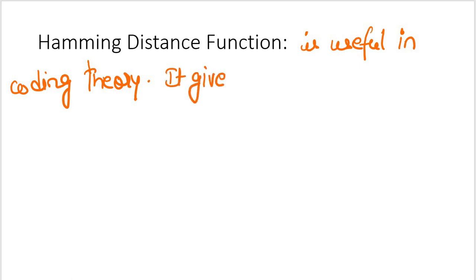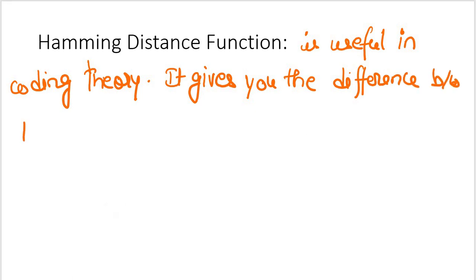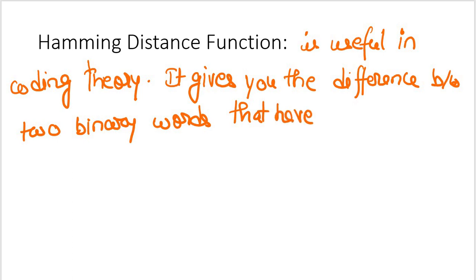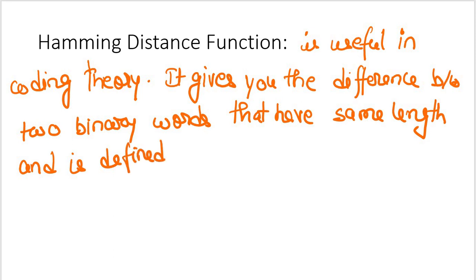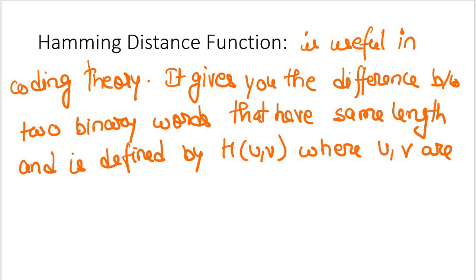So it gives you the difference between two binary words that have the same length and is defined by h of u comma v, where u and v are binary words of the same length.